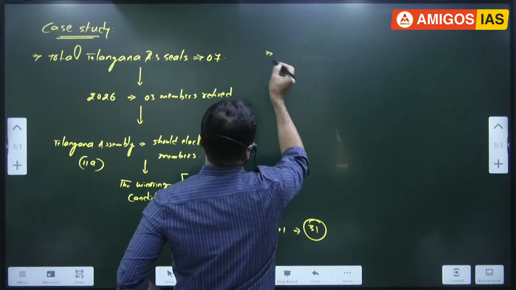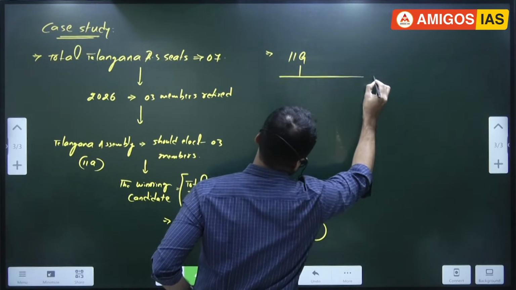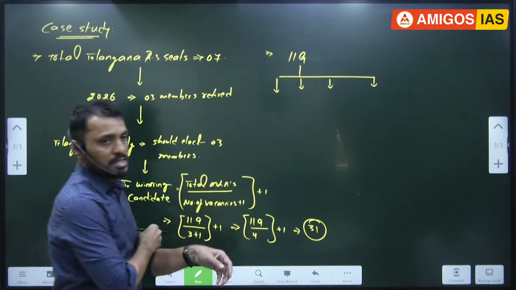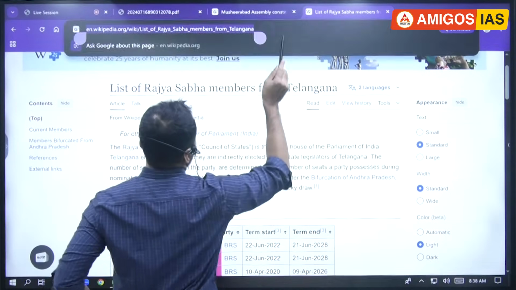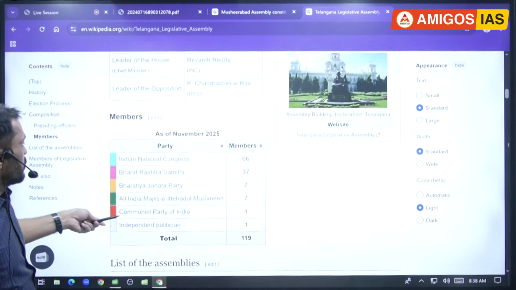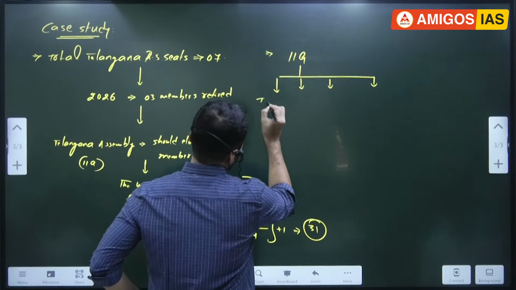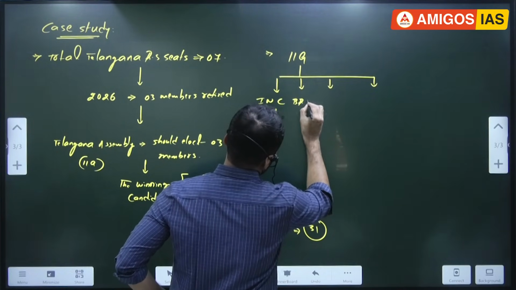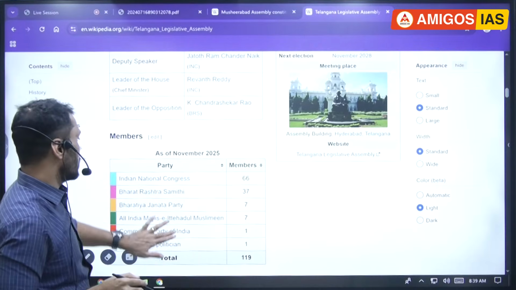Okay. So now this 119-strength assembly has different political parties, and they have different strengths. In the Telangana Assembly, if you see here, INC, Congress, is having how many seats? 66, and BRS is having 39. Okay, 37.